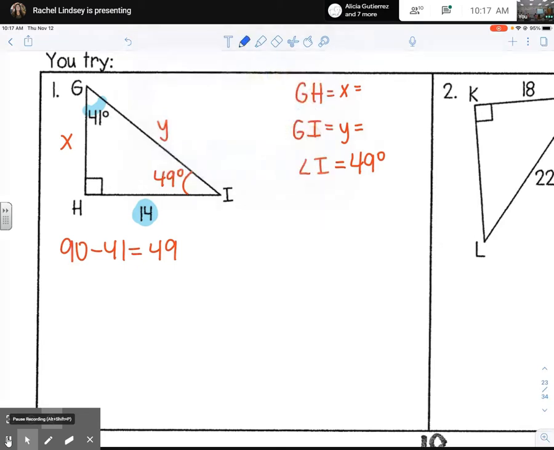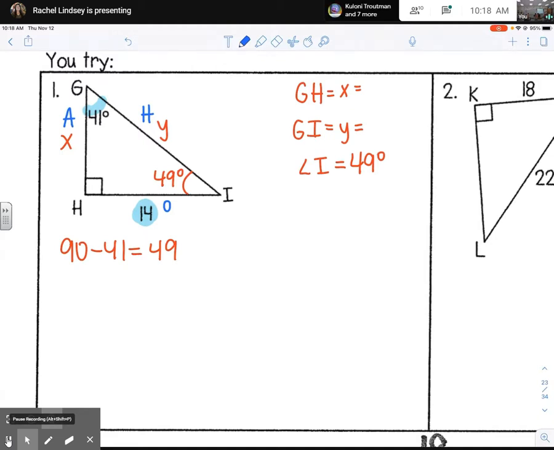So x, looking at angle 41, would that be opposite, adjacent, or hypotenuse? Adjacent. Y, opposite or hypotenuse? Hypotenuse, and then 14 would be the opposite.